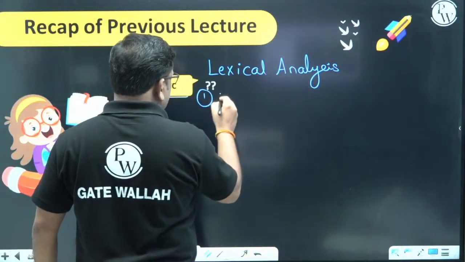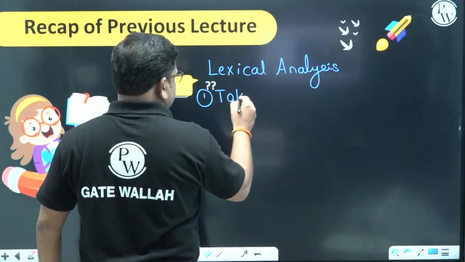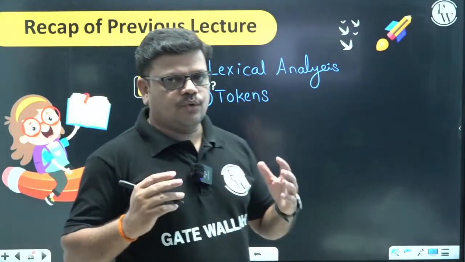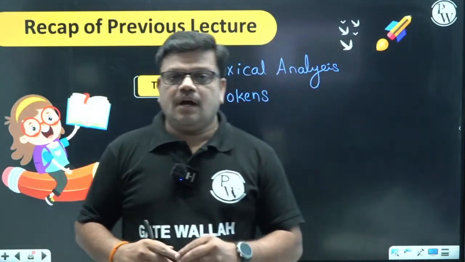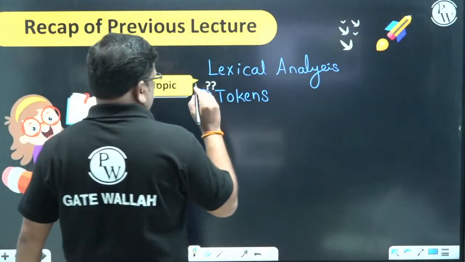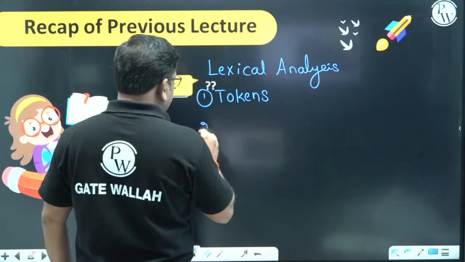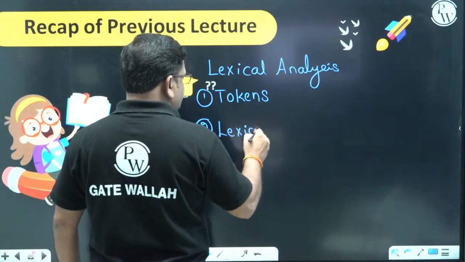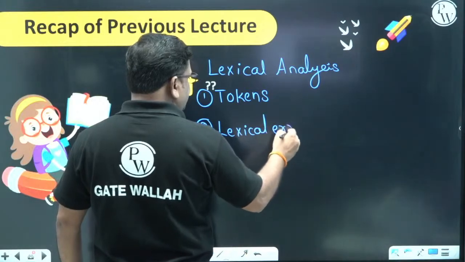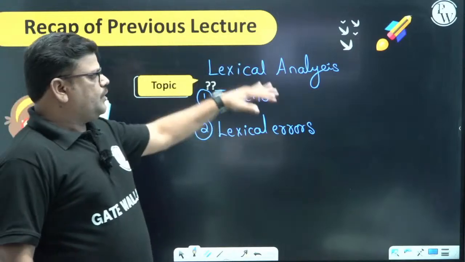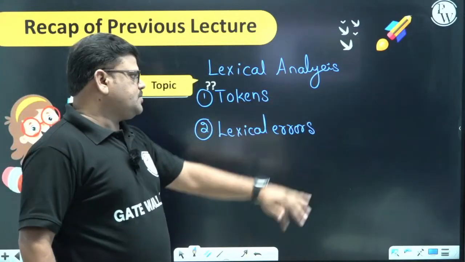One is tokens: what tokens are and how tokens are produced. The next is the lexical error. The error detected by lexical analysis is called a lexical error. So how lexical errors are detected by compilers, we discussed in the first class.